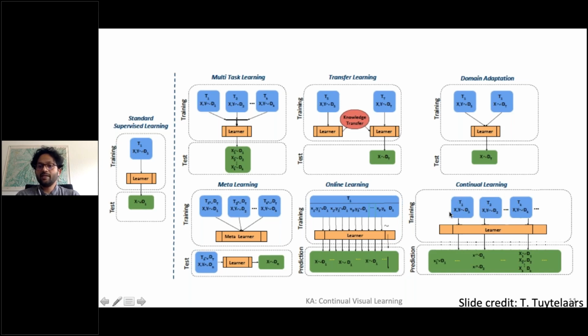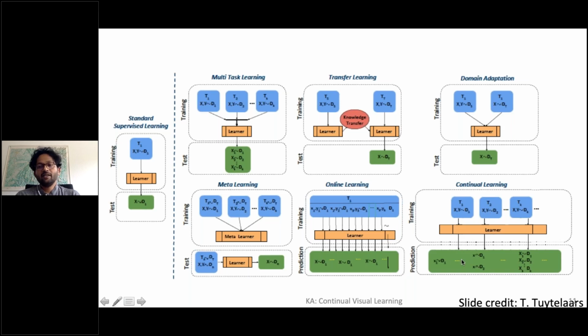So in the beginning, you get, let's say, task 1 with its corresponding data distribution D1, and then you have data samples X, which are sampled from this, and then you want to learn and be able to solve this task properly. Okay, and then at another time instant, you get another task and its corresponding data distribution and all the samples, and now you want to be able to learn or update the current learner model with this data.